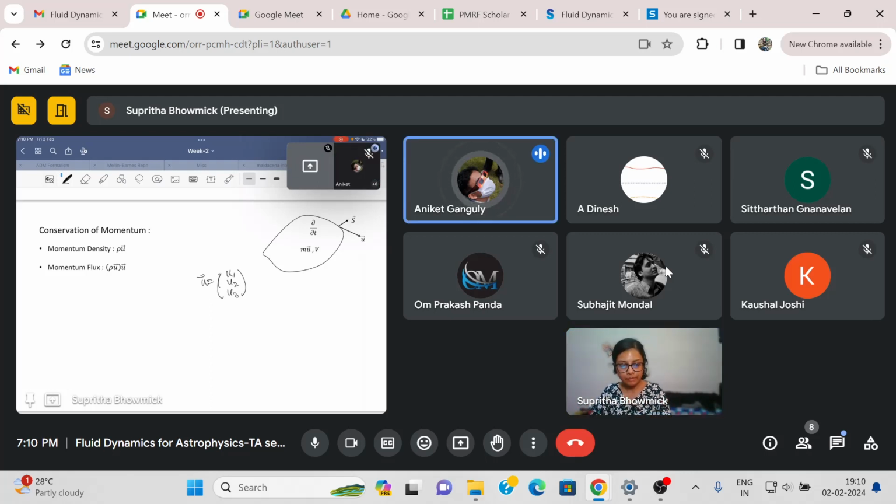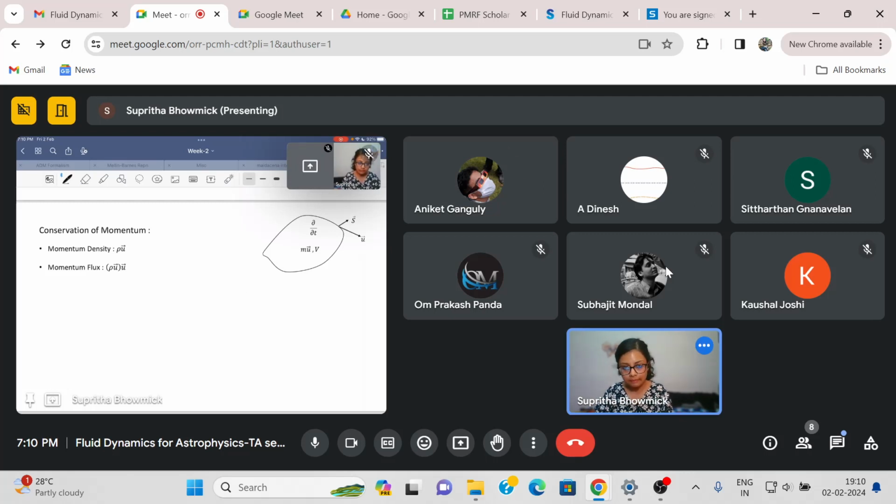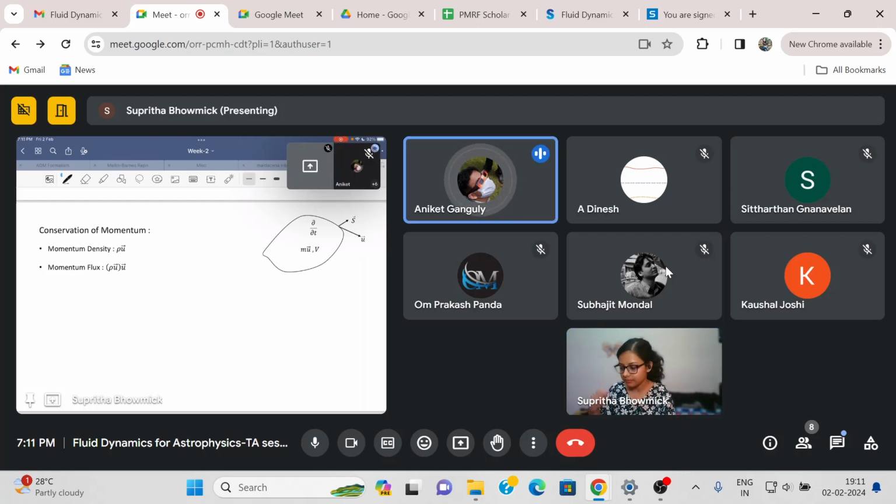Yes, that was fine. I was just asking if there is any special notation for this, because it transforms like a tensor. Between u and u there must be some sign, right? It cannot be a dot or a cross, that's for sure.